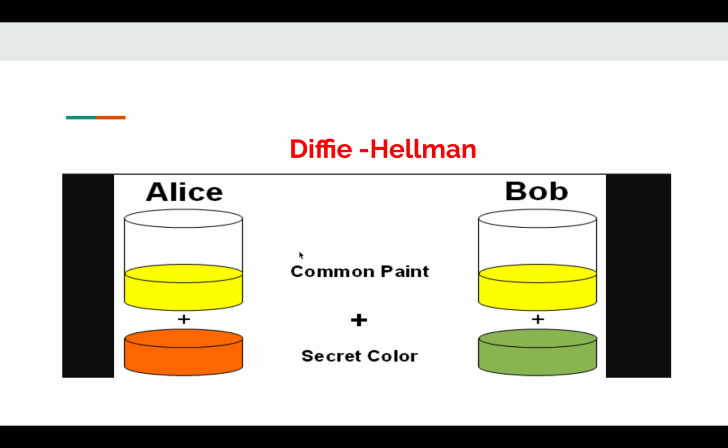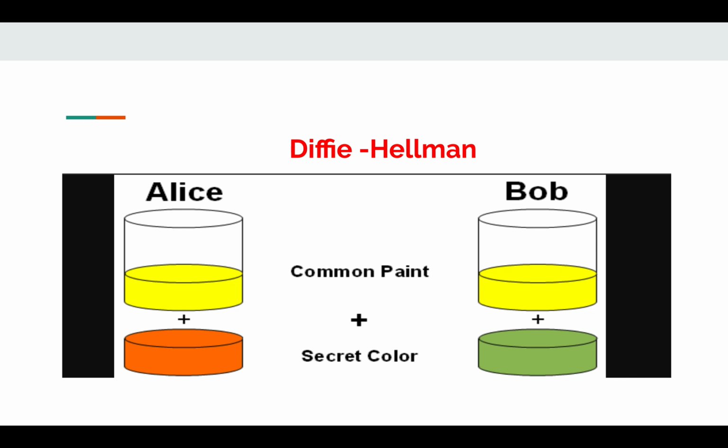All right. So we have two people, Alice and Bob, and they want to exchange a key between them. What they need is one common paint, which is yellow here. So they both will have yellow, and then Alice and Bob will each have their own separate color.